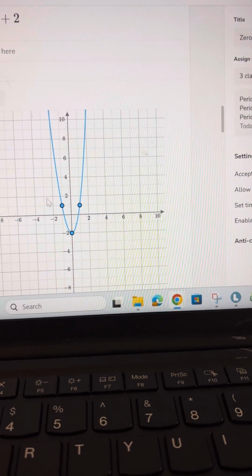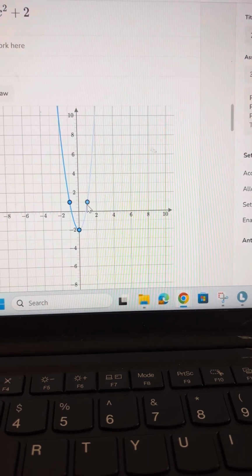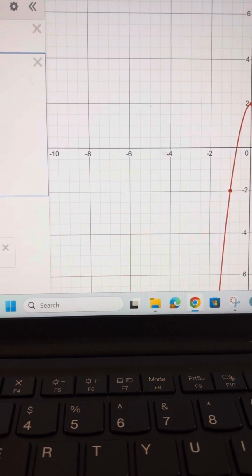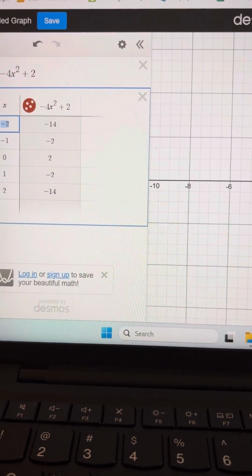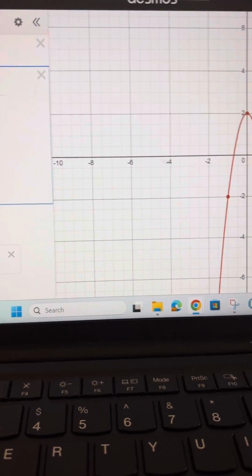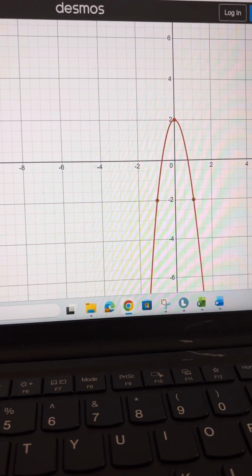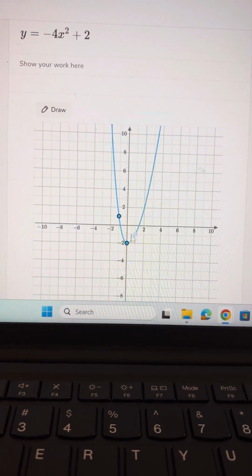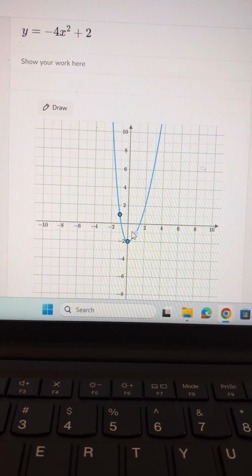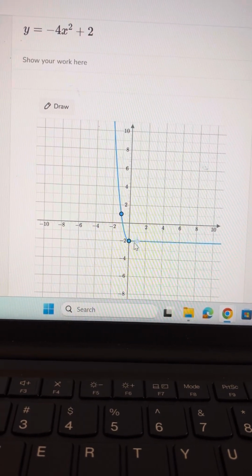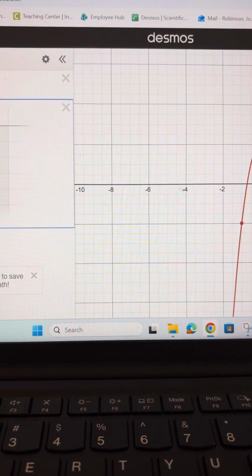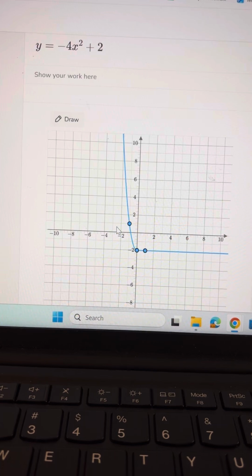(1, -2), (0, 2). All right, so I put it at (0, 2). And then I said (1, -2). That doesn't sound right. What did I say? Write it down. Oh, okay, this one is sloped downward, so I do need to move this. My vertex is at (0, 2), so I need to put my vertex at (0, 2).